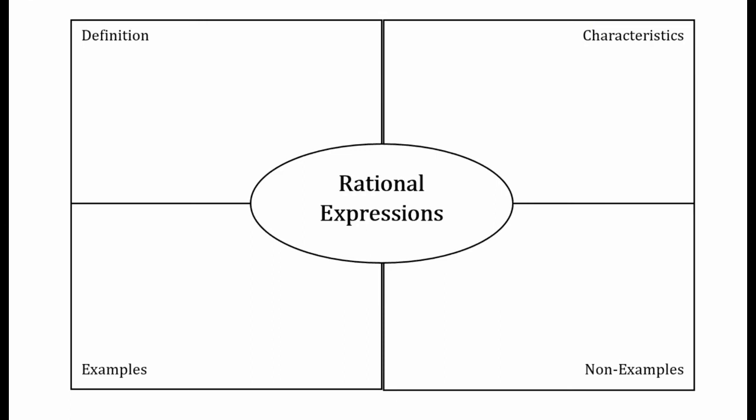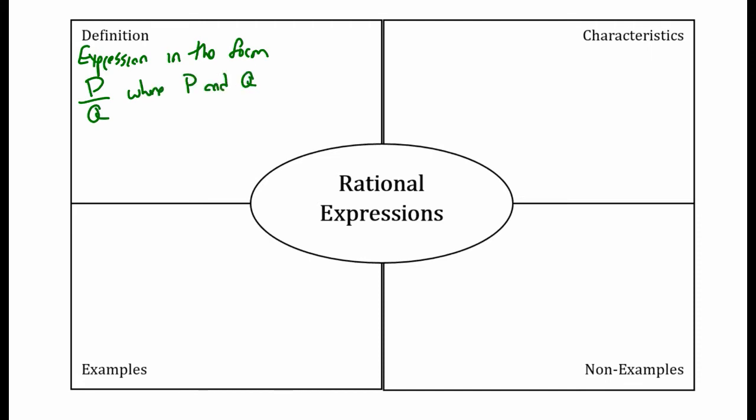So, what's a rational expression? Rational numbers we know and love from middle school. Rational expressions are expressions in the form p over q, where p and q are polynomials.